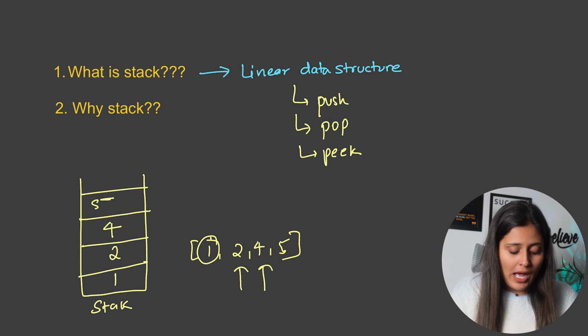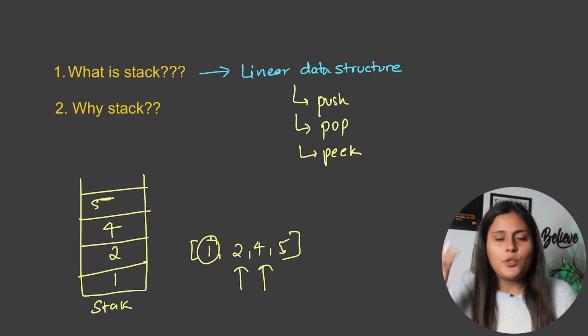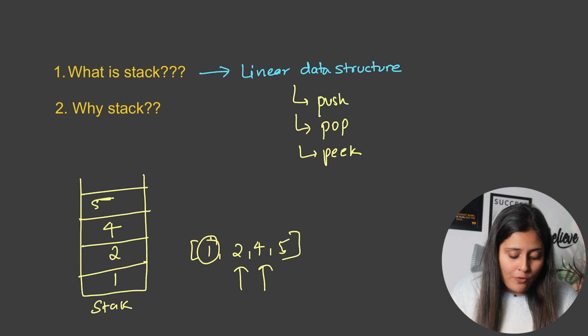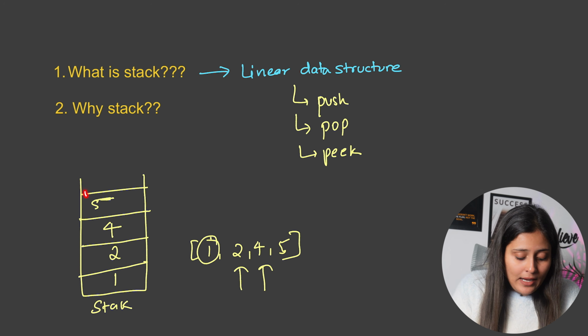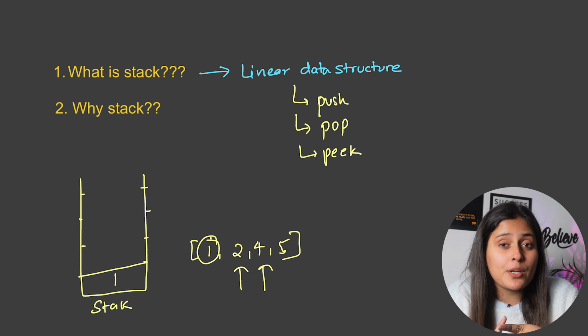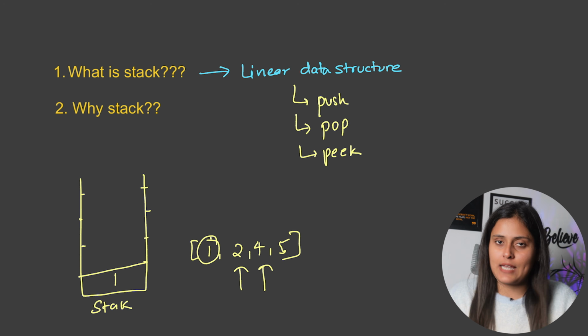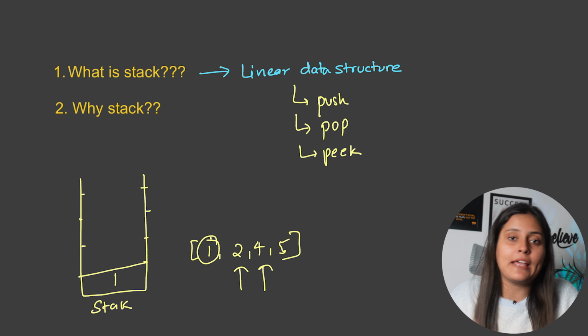And now suppose you have to pop an element. Then you cannot randomly go and say, hey, I want to pop the 2 element. No, you cannot pop that. Only 5 is allowed to be popped. Once you pop the top element 5, then you can pop 4, and only then can you reach the second element. So push and pop are only allowed for the top elements in the stack, and indexing is not there like we have in array.